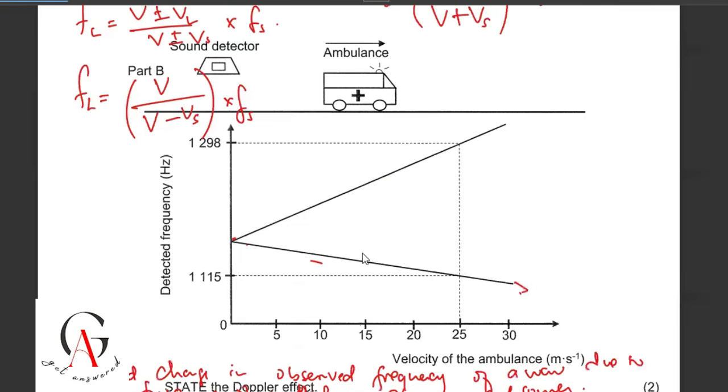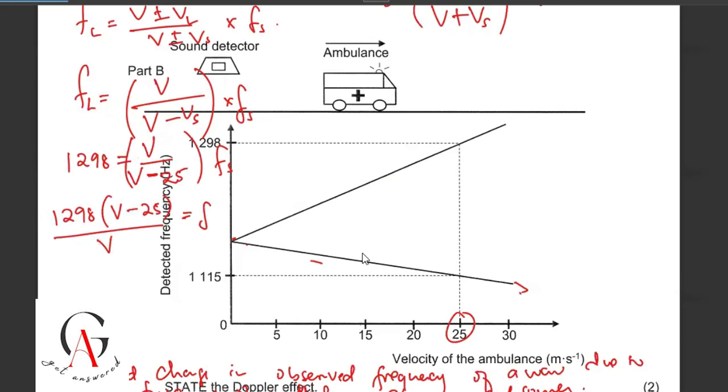So I have 1298 is equivalent to velocity, which I'm looking for, over the V minus the velocity of the source. Is it the source or the listener? Source, which is 25, multiplied by Fs. Cross multiply: 1298 multiplied by V minus 25 over V is equal to our Fs.